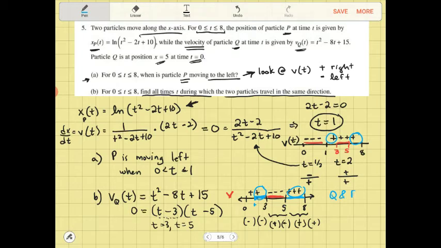Q and P move in the same direction for t in the interval from 1 to 3 and the interval from 5 to 8. Okay? I believe their next questions have to do with the same equations. Let's move on.